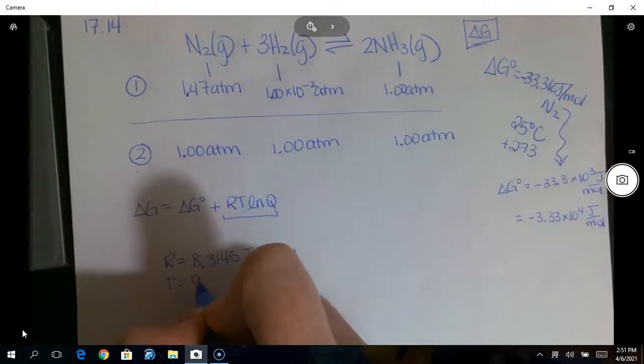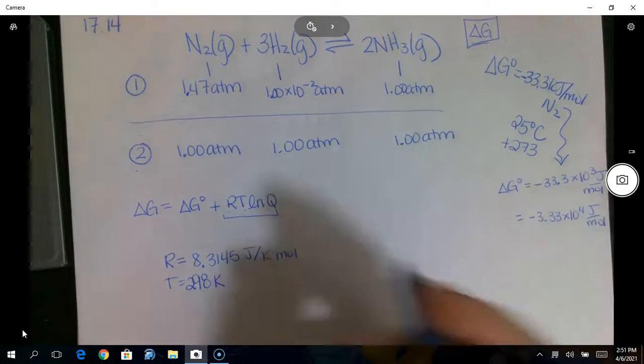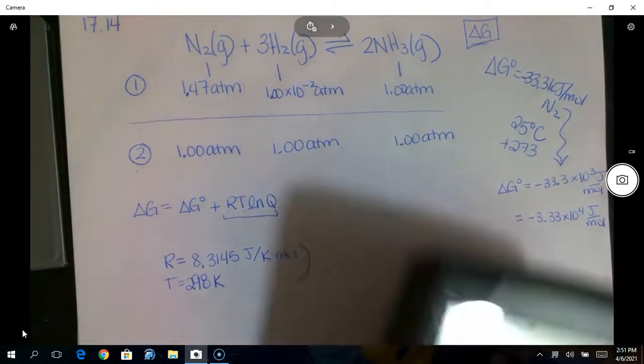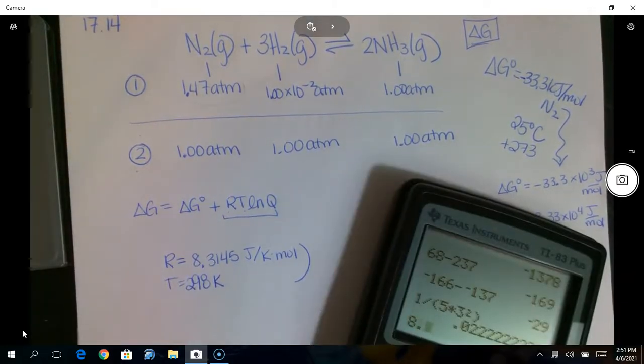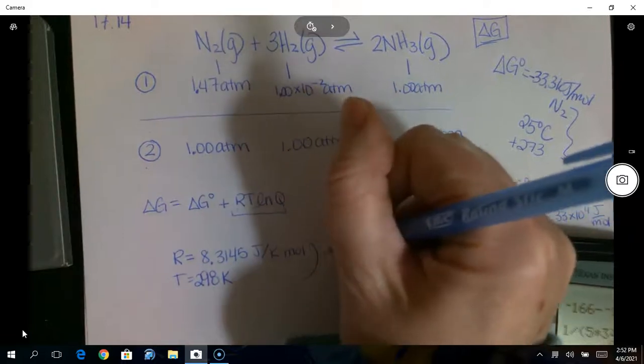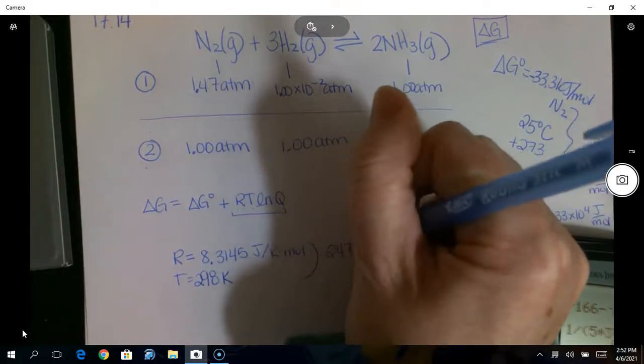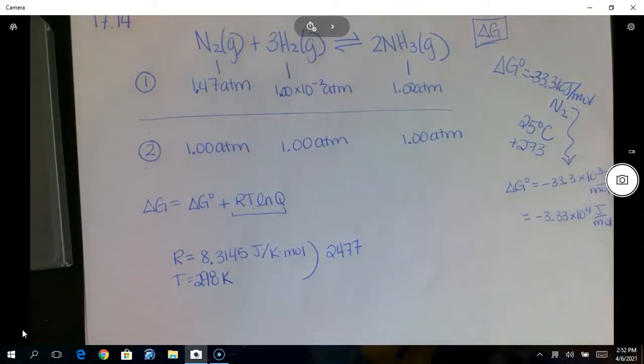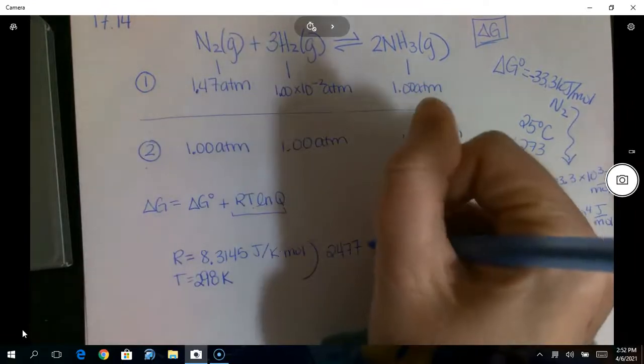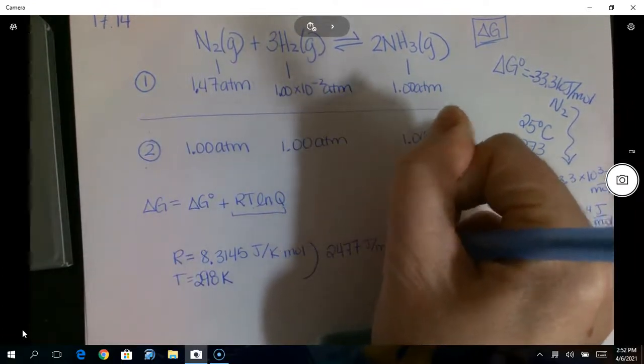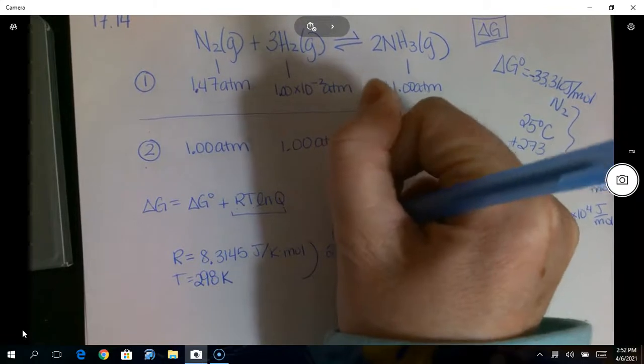So this is 298 kelvins. When I multiply these together, 8.3145 times 298, so this is going to be 2,477. Our kelvins cancel, so this is joules per mole. So that's RT.